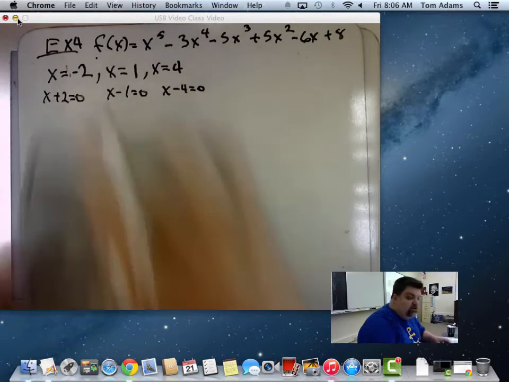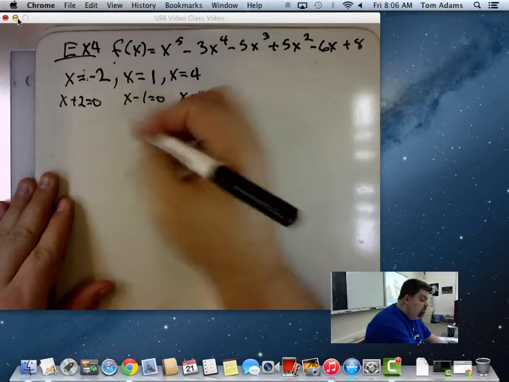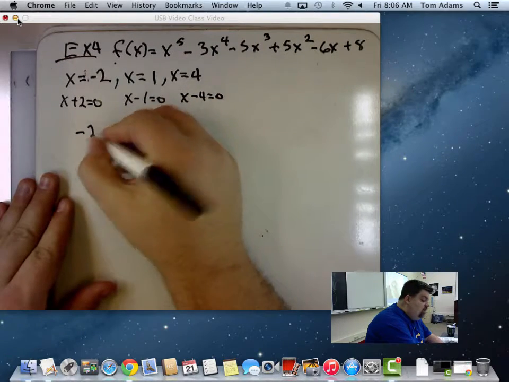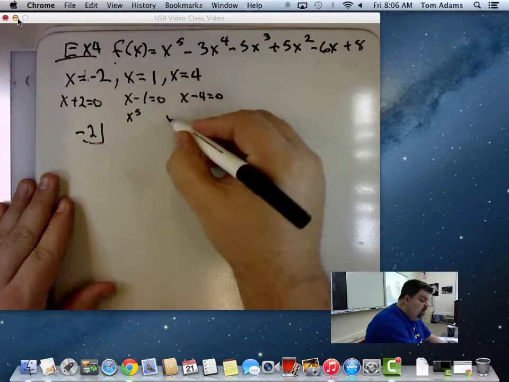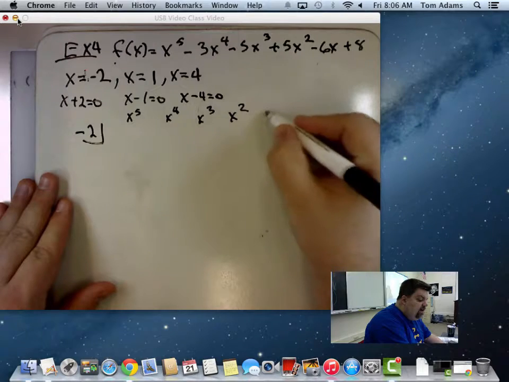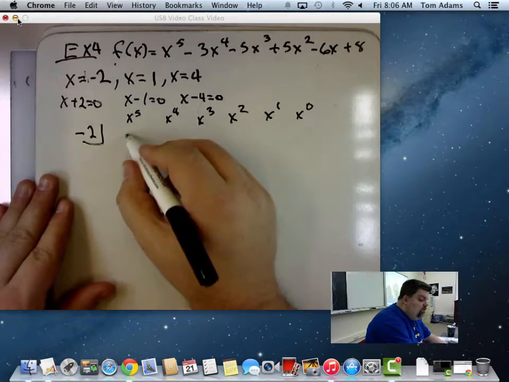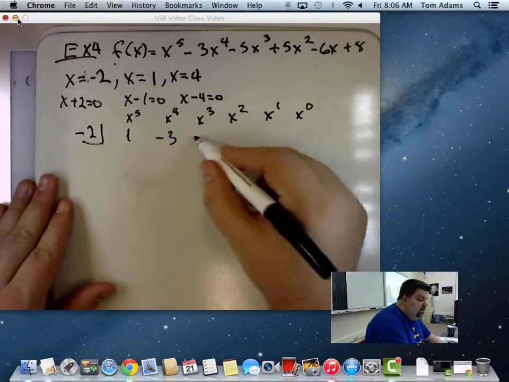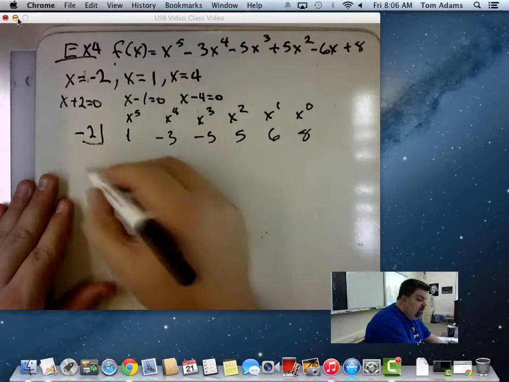So we're going to do a bunch of synthetic division to see if these are actually solutions. I'm going to say -2, and then I have x to the 5th, x to the 4th, x cubed, x squared, x, and then x to the 0. I'm just going to list the coefficients: 1, negative 3, negative 5, 5, 6, and 8.